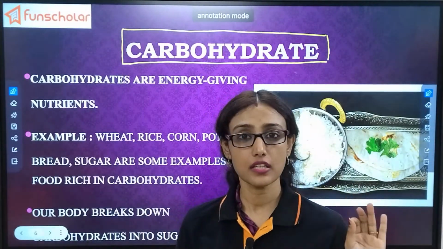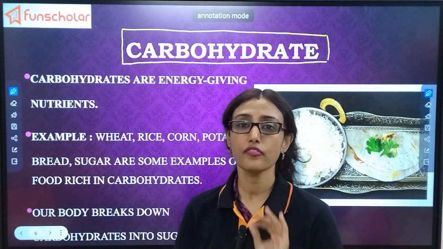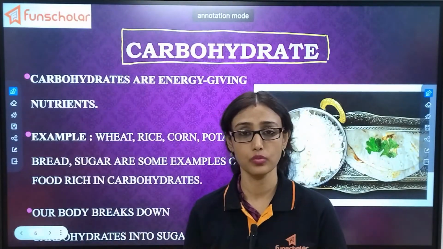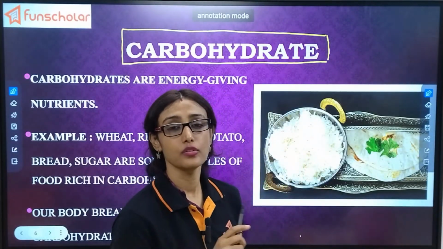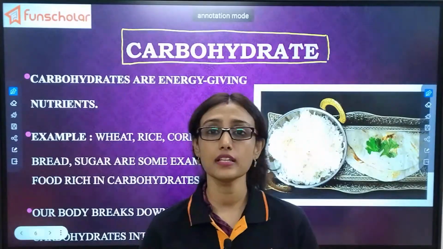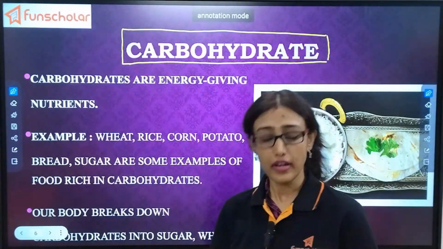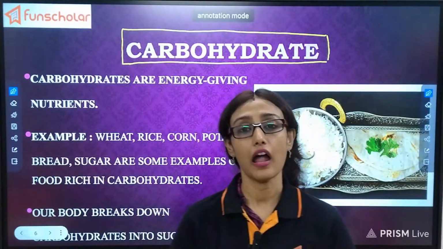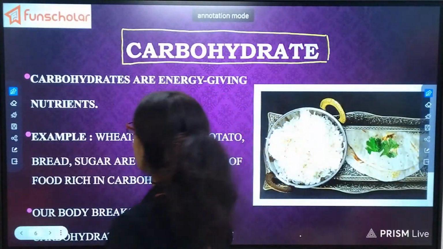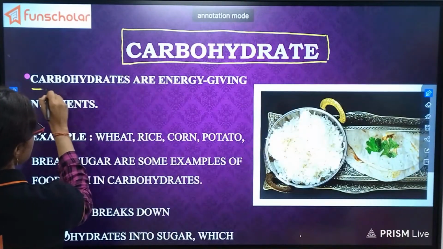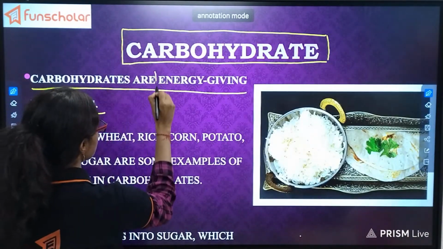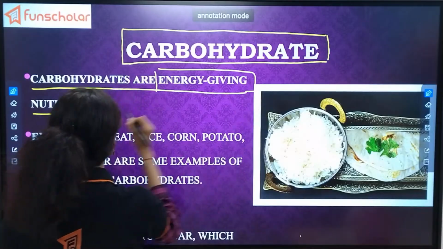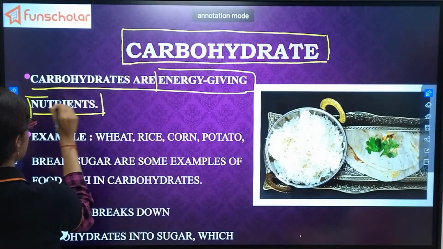Its main function is to give you energy for any kind of work you do. Whether you go to school, you learn things, you do various kinds of activities, you do exercise, for everything you need carbohydrate. So first point over here is carbohydrates are what? Energy giving nutrients. Please note down this point.